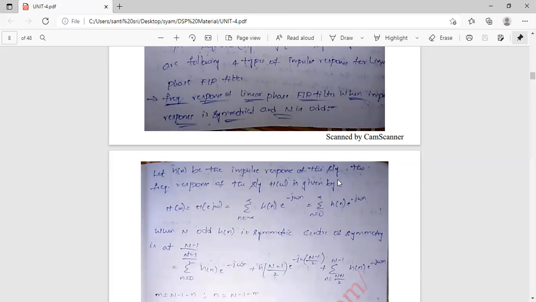So here we'll take the limits from 0 to N minus 1 only: sigma n equal to 0 to N minus 1 of h of n into e power minus j omega n, and N is odd. h of n is symmetric with center of symmetry at N minus 1 by 2.